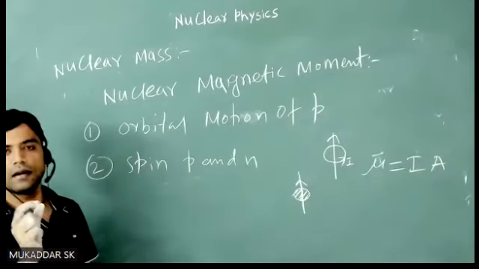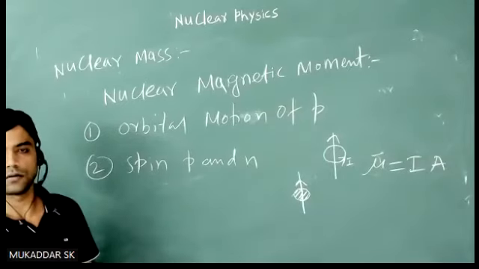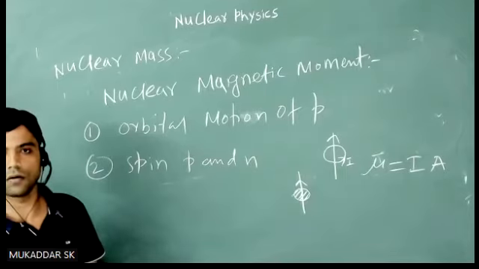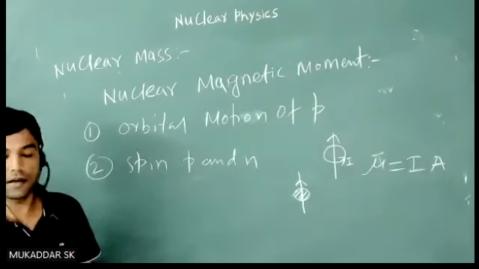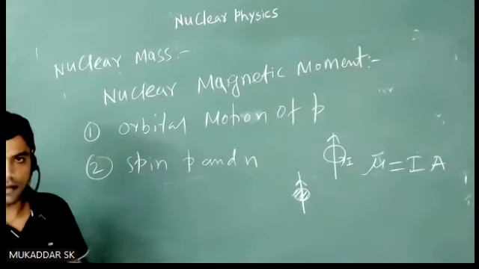So there will be many current loops inside that proton. Due to that infinite number of current loops during its spinning, it will also contribute to magnetic moment. Is it clear what I'm saying?